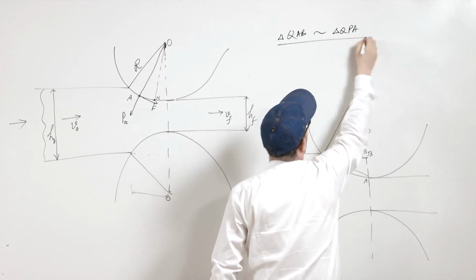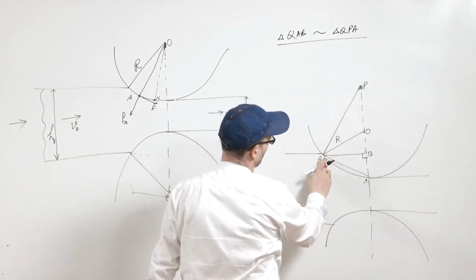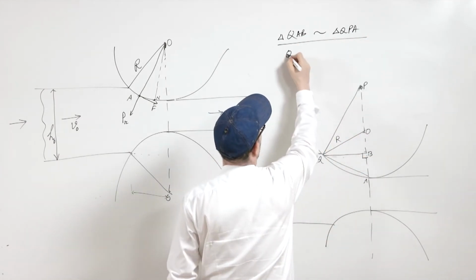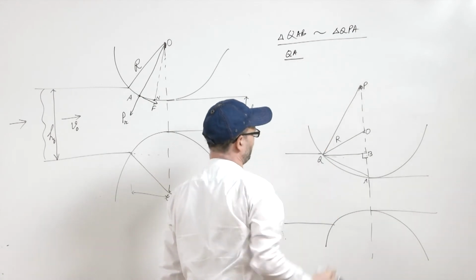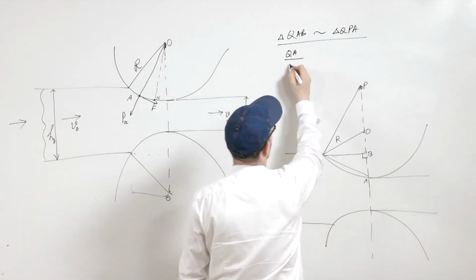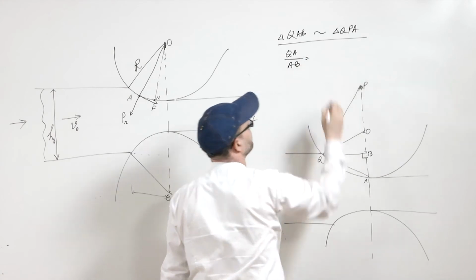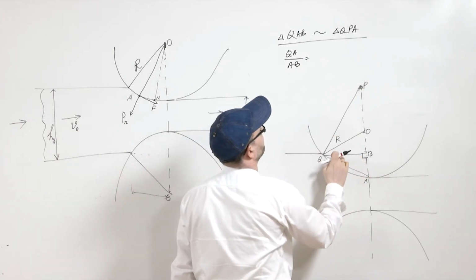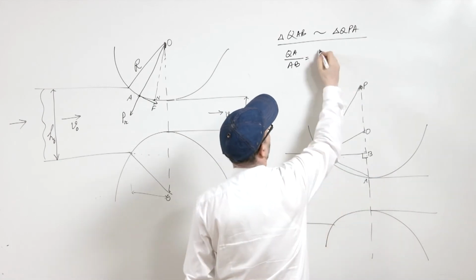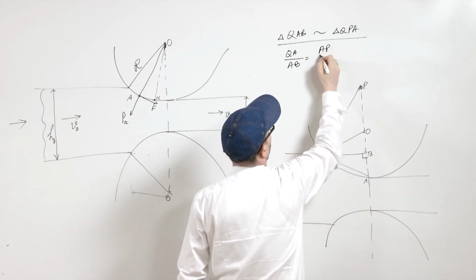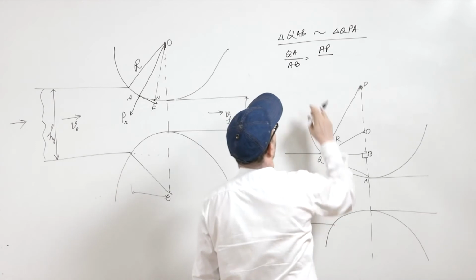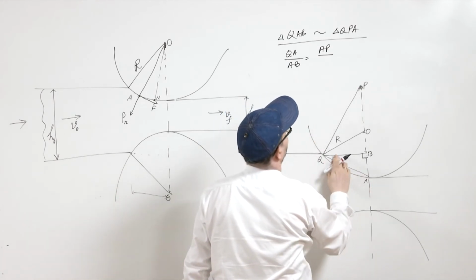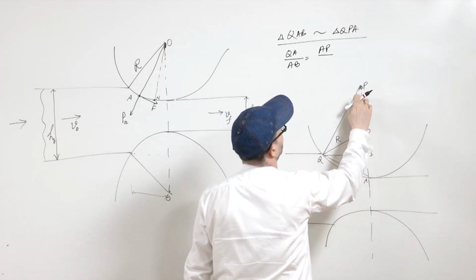So QA upon AB equals AP divided by QA, since QA is opposite to this 90 degree angle and AB is opposite to this angle, which is the same as this.